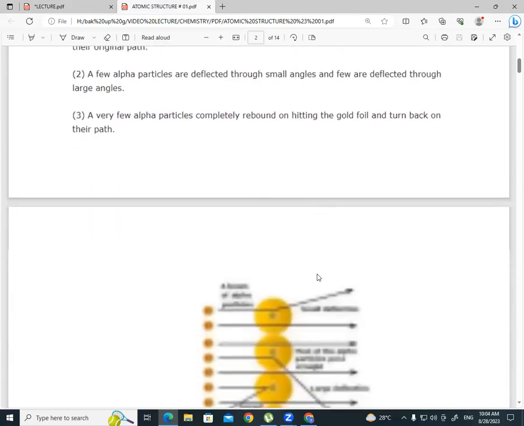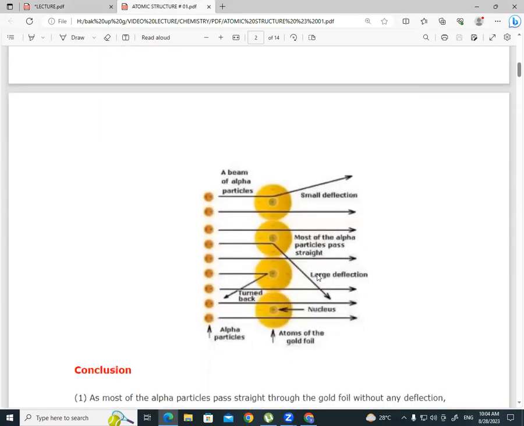You can observe this by this animated diagram. This line of atoms shows the gold foil, and these small particles are the alpha particles.